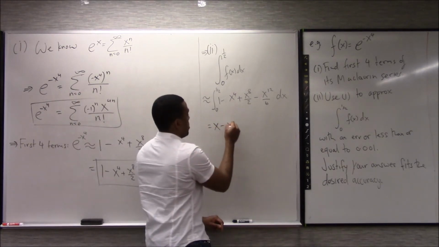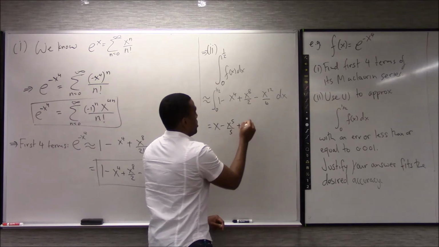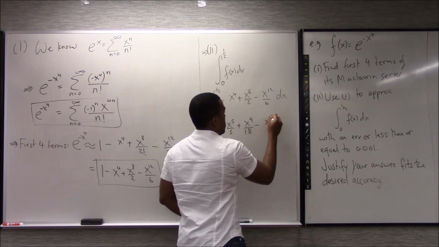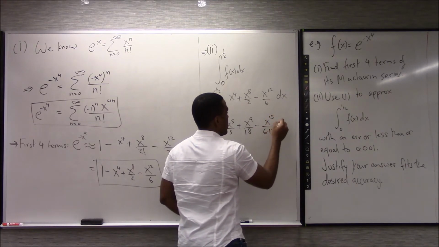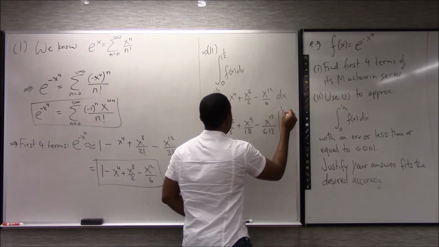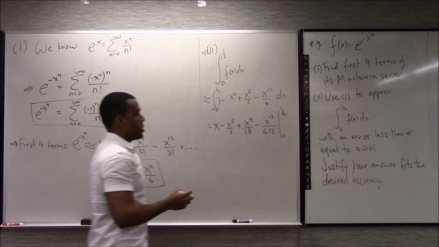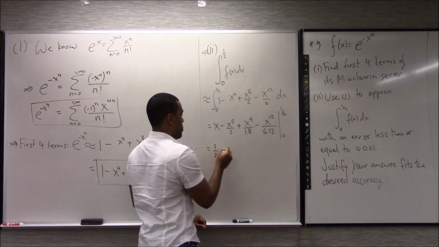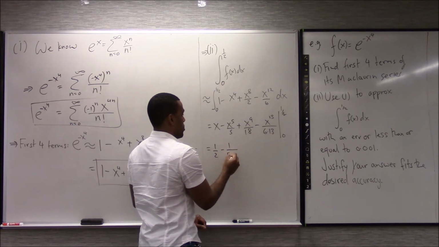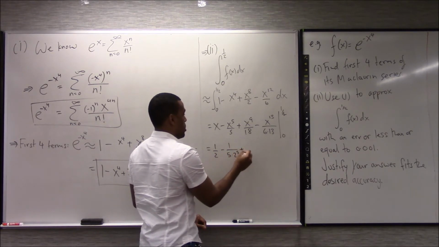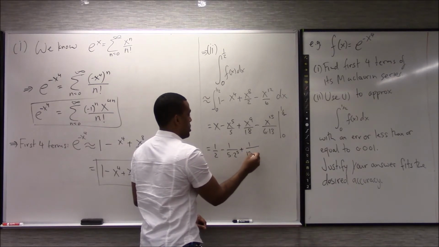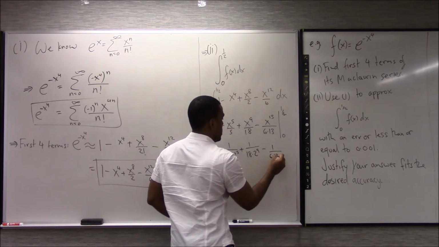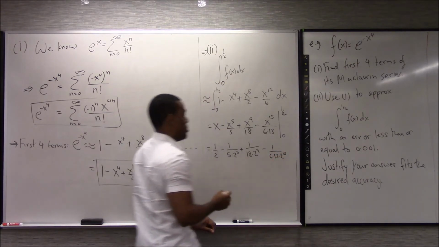So we're going to have x minus x to the 5th over 5 plus x to the 9 over 18 minus x to the 13 over, what's 6 times 13? So this is going to be 1/2 plus 1 over 5 times 2 to the 5th plus 1 over 18 times 2 to the 9 minus 1 over 6 times 13 times 2 to the 13.